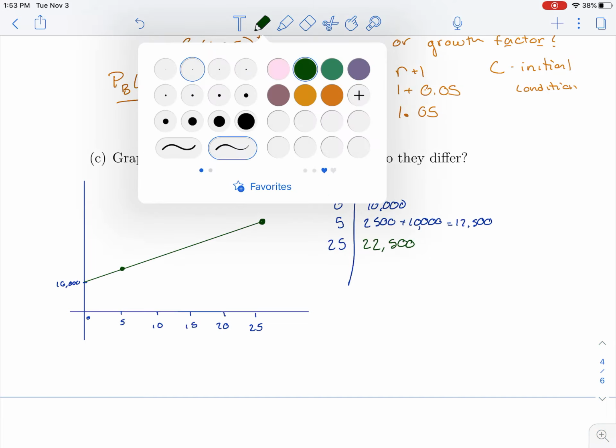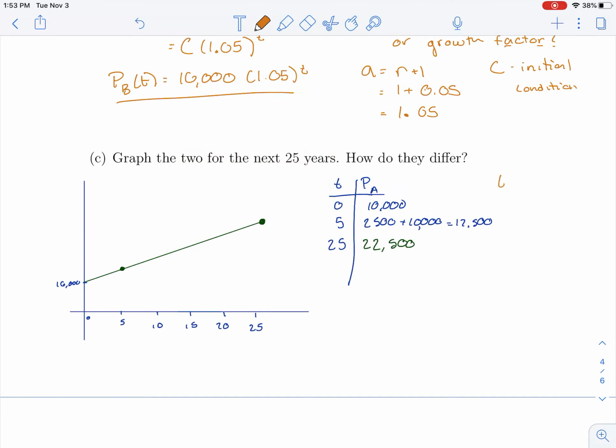So now for P sub B, T of 0, 5, and 25. Again, I know it's 10,000 when I start. Then I have 1.05 raised to the 5th power times 10,000.